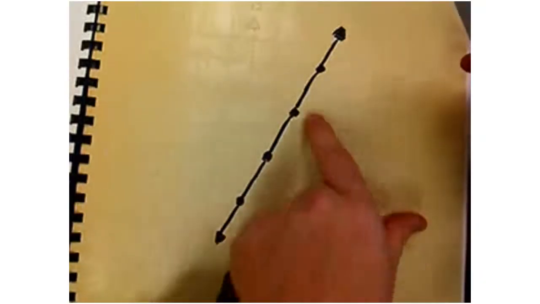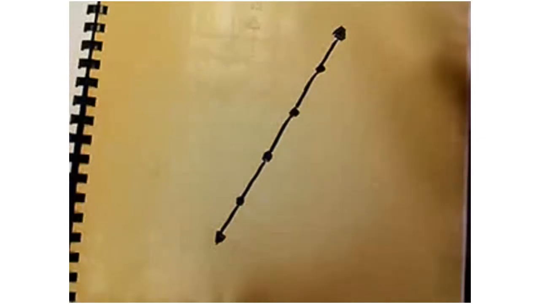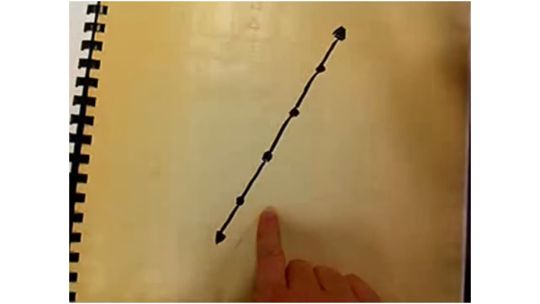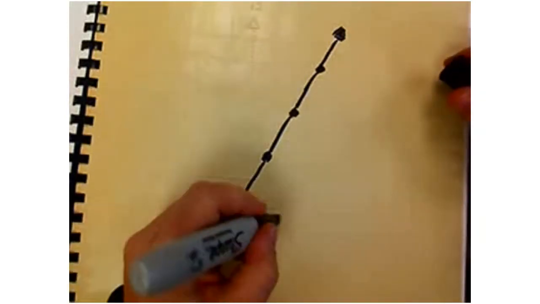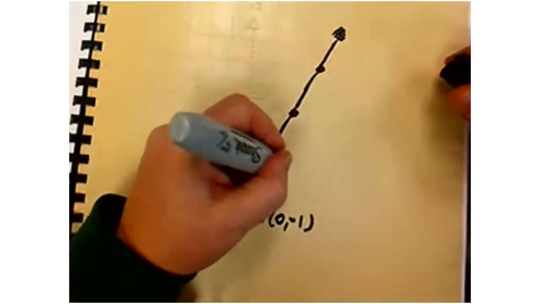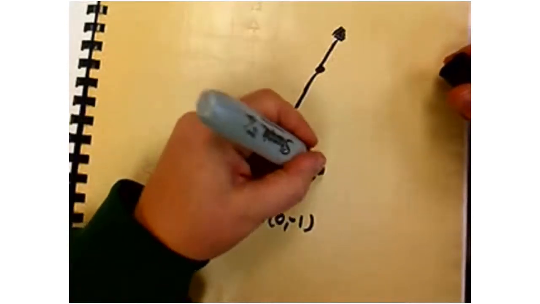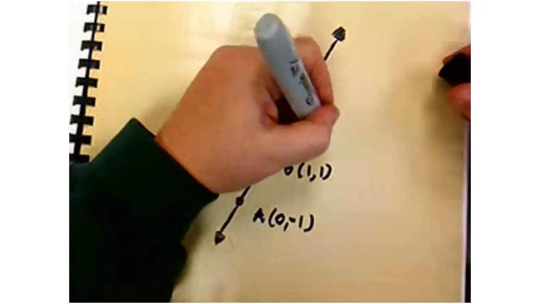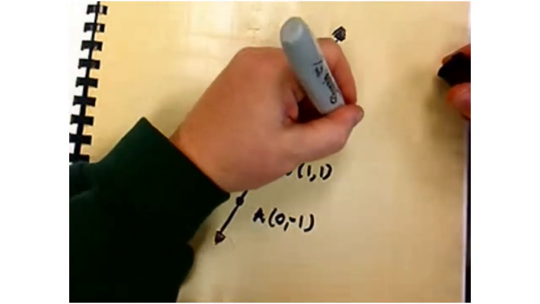To the right of each point they're going to label the points A, B, C, and D, and then give the ordered pair. Point A is 0, negative 1. Point B is 1, 1. Point C is 2, 3.